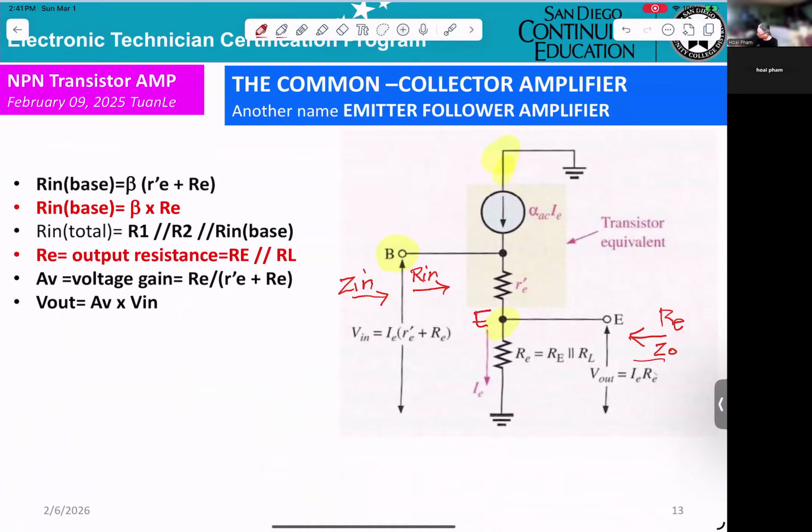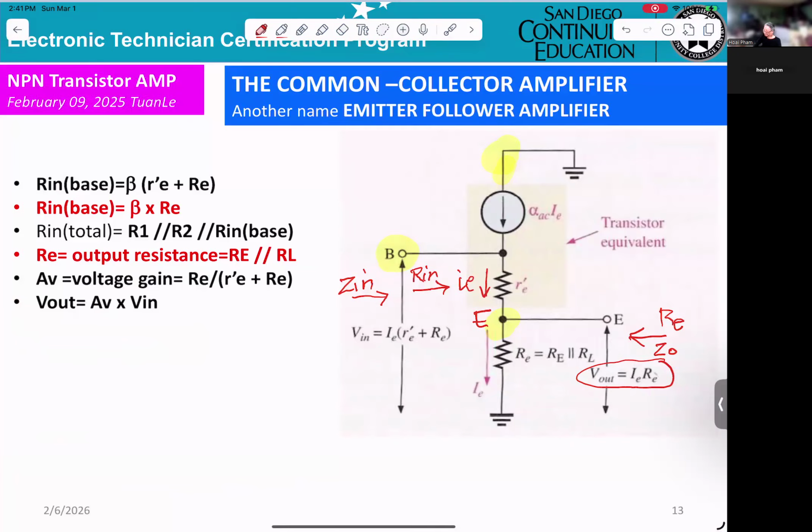And V out equals IE times RE. That means the current here going down, IE, multiplied by RE parallel RL. If you want to calculate the V out, then V out equals AV times VE.